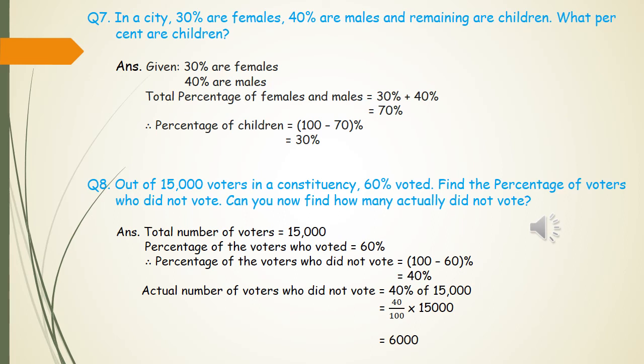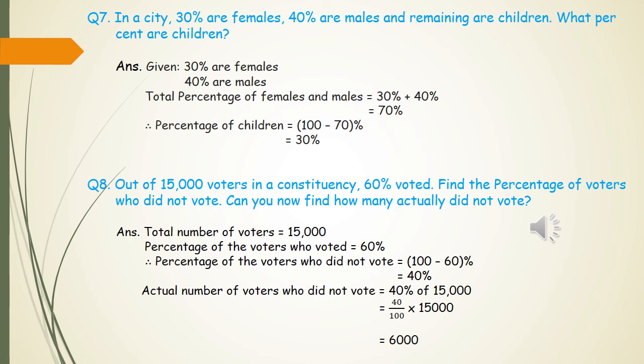Now question number 8. Out of 15,000 voters in a constituency, 60% voted. Find the percentage of voters who did not vote. So can you find how many actually did not vote? So total number of voters is 15,000.